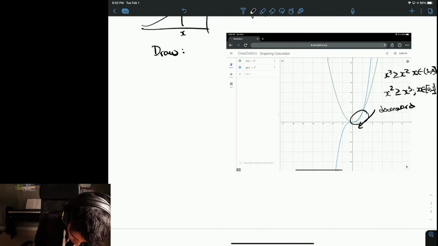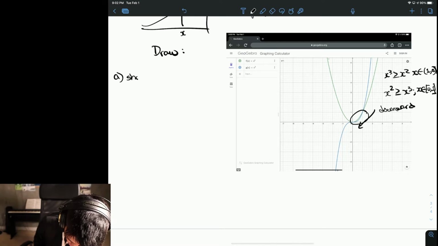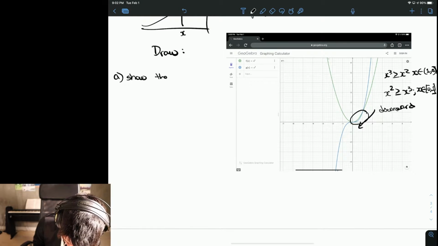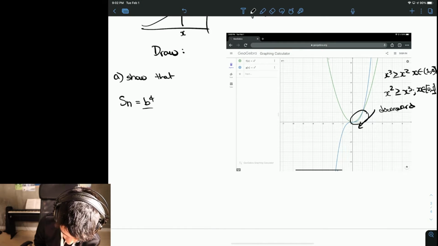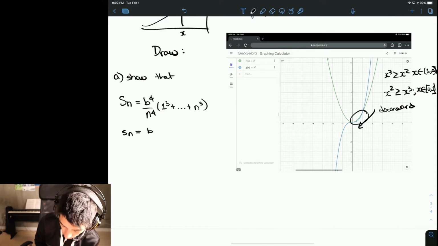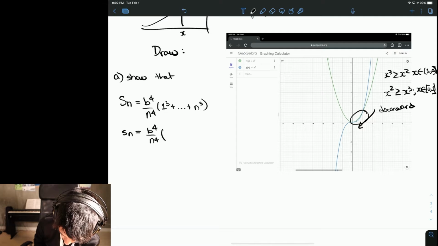So A has show that upper bound, or I guess I'll just write it as S of n equals b to the fourth over n to the fourth by 1 cubed plus all of the terms to n cubed, and show that the lower bound S of n is likewise the same thing basically, but only including n minus 1 terms. Cubed plus and so on.